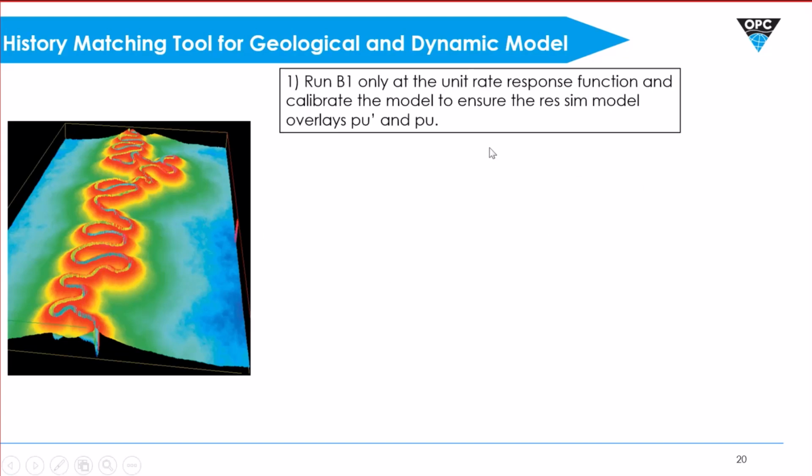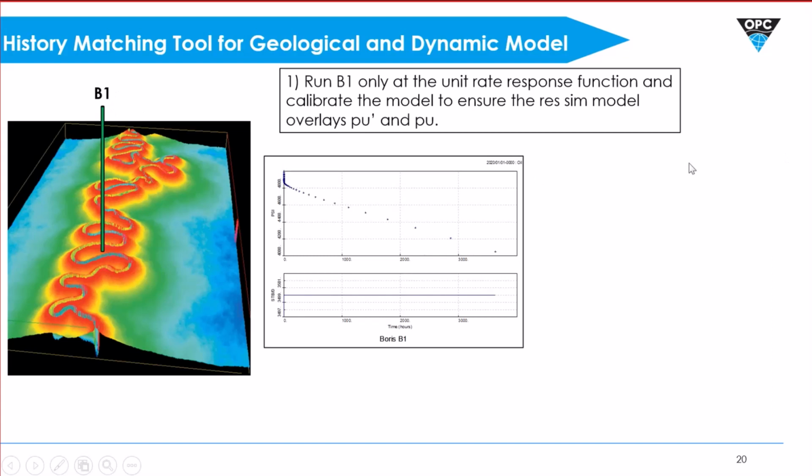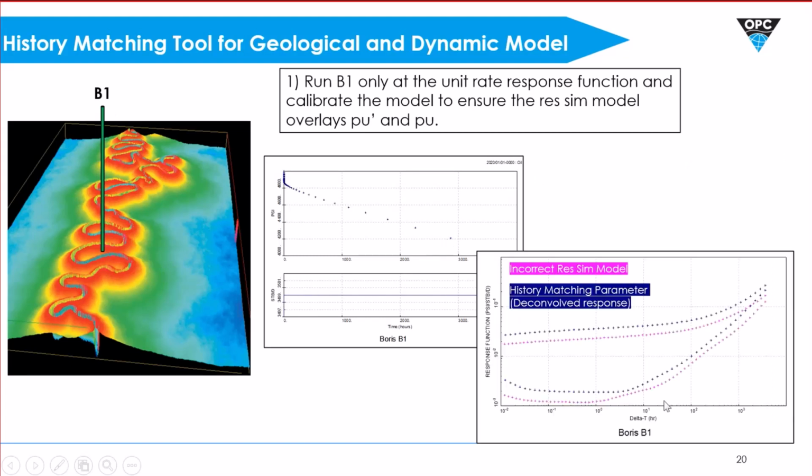I would run B1 only at the unit rate response function and calibrate the model to ensure the ResSim model overlays PU dash and PU. What do I mean by this? I add in one well, B1, I run it at the constant rate, I take the drawdown, and I take the derivative. So in pink, if you imagine, is my derivative from the reservoir simulation model.